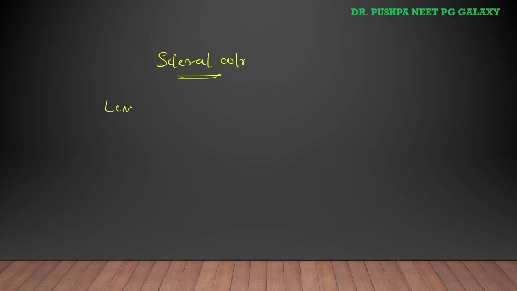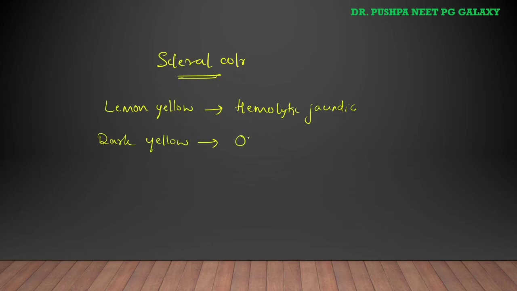If it is lemon yellow, there is possibility of hemolytic jaundice. If it is dark yellow, there is chance of obstructive jaundice.